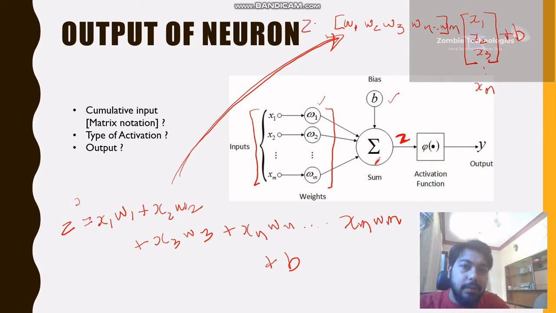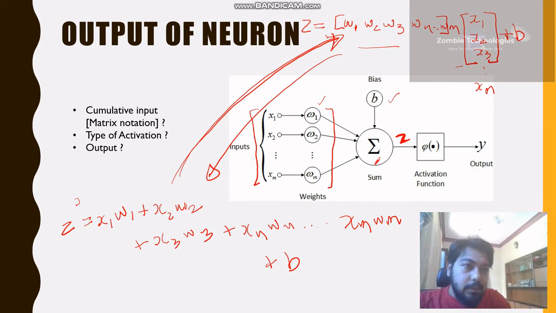So I can safely say that z is equal to this, right? This is a matrix representation. If you see, I multiply w1 with x1, w2 with x2, w3 with x3, and this matrix multiplication will give me the same result as before.